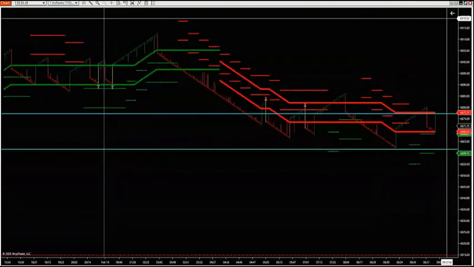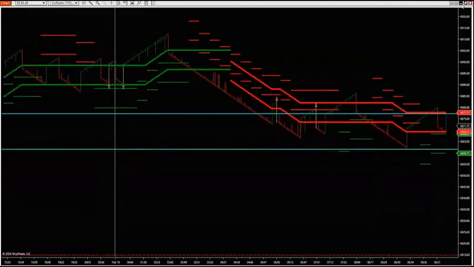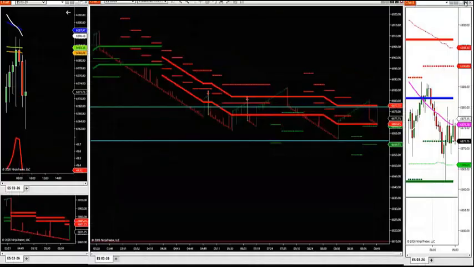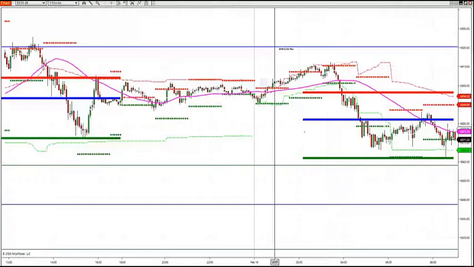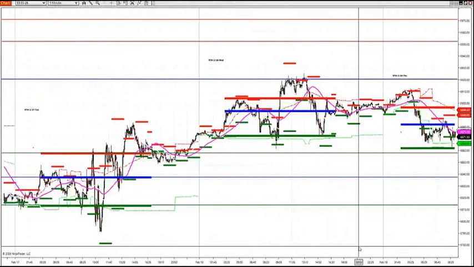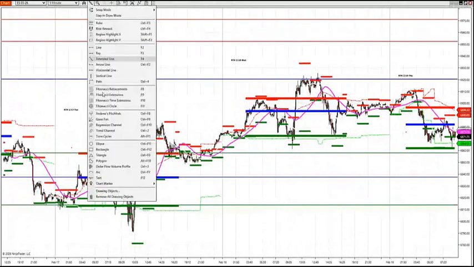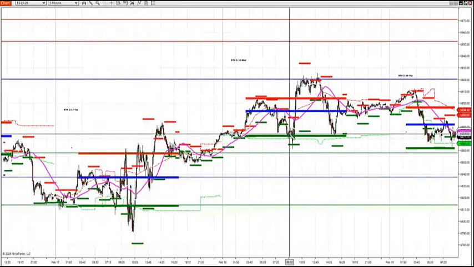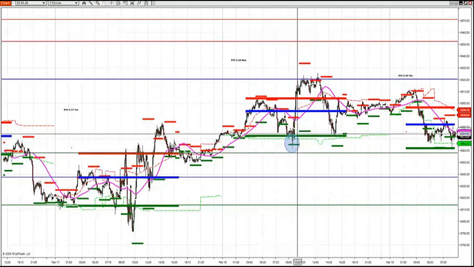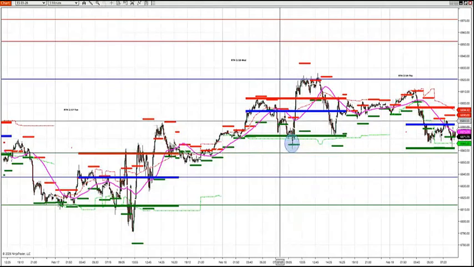But that's how we like to do it. If you look at yesterday, where did our target go? Here's our buy setup retracement. It caught the low. Where did it go to? I had this target all the way over here at 8 o'clock.